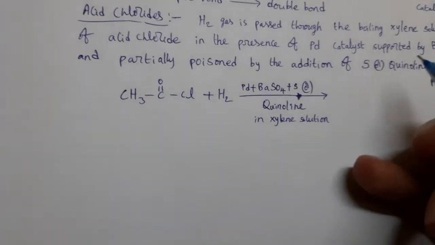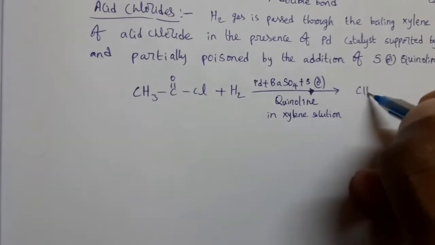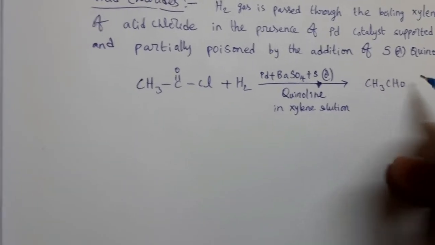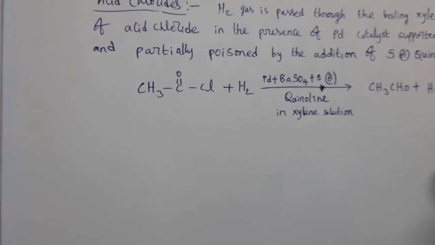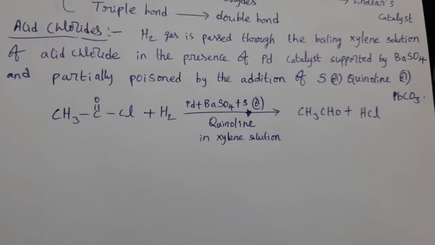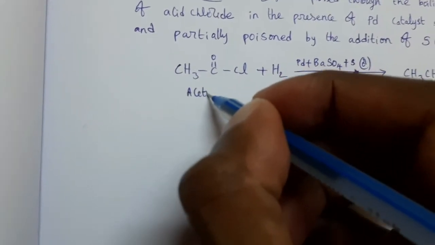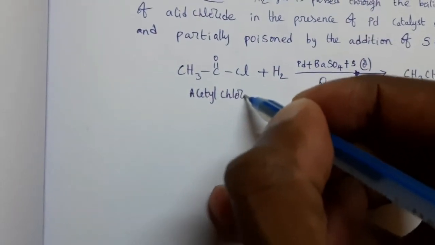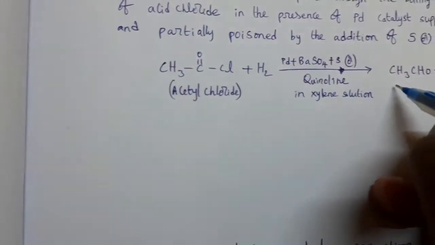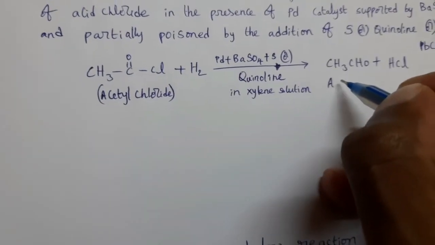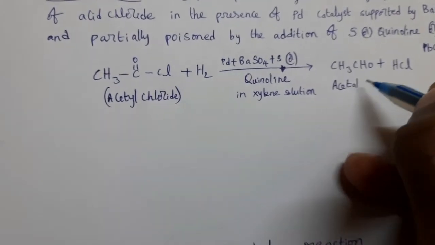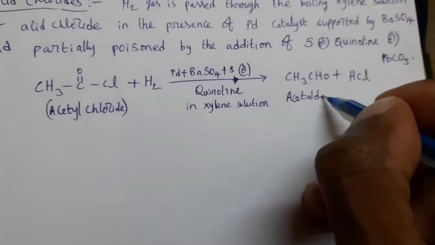Then we can get aldehyde CH3CHO plus HCl. So this is the reduction of acid chloride. This is acetyl chloride. Acetyl chloride is the reactant. Product is acetaldehyde.